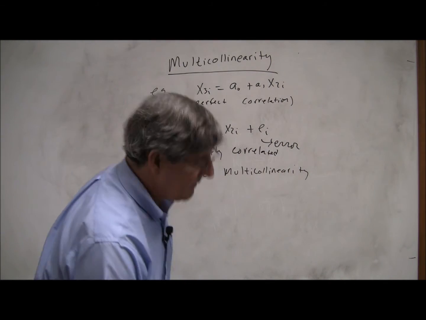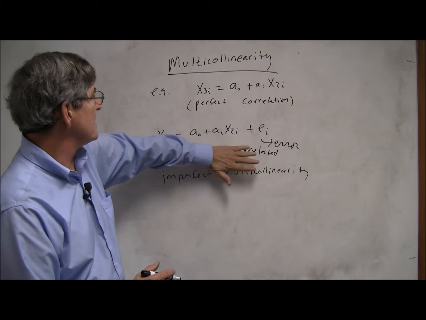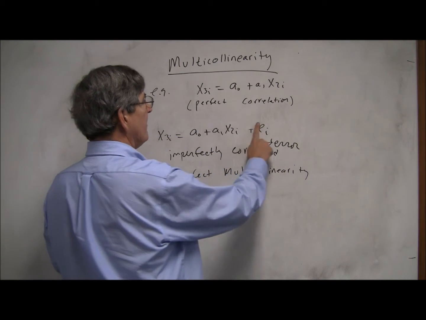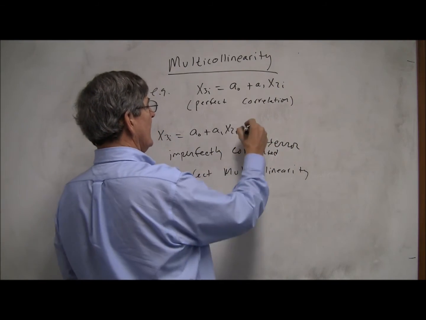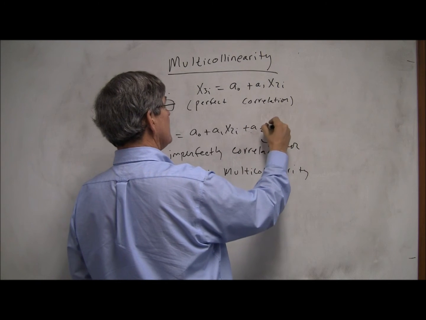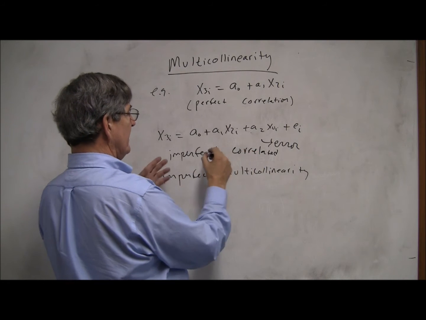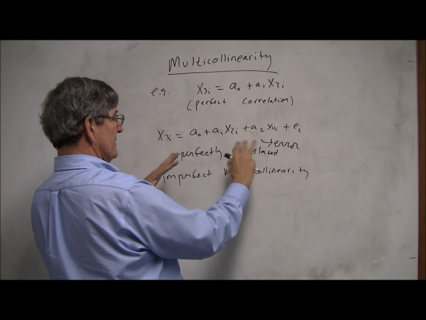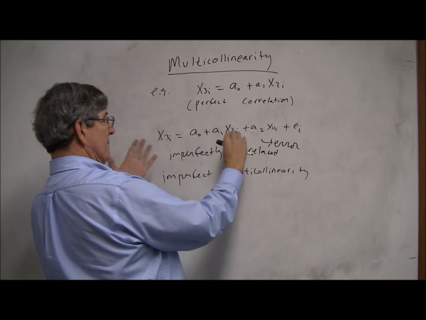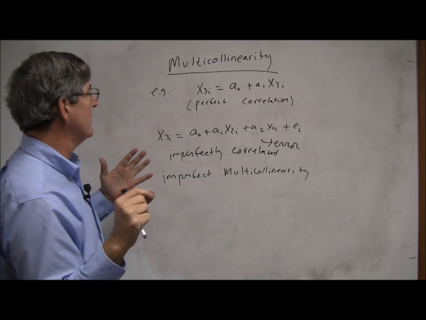The reason why we don't want to just talk about correlation is, again, I could have more than one variable. I could have plus a2 x4i plus ei. Then the idea of being correlated with it doesn't really work, but that's what we mean by imperfect multicollinearity.